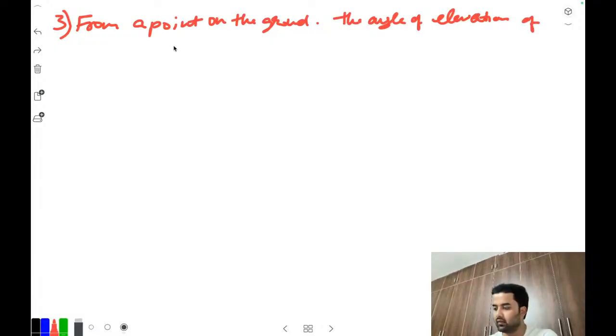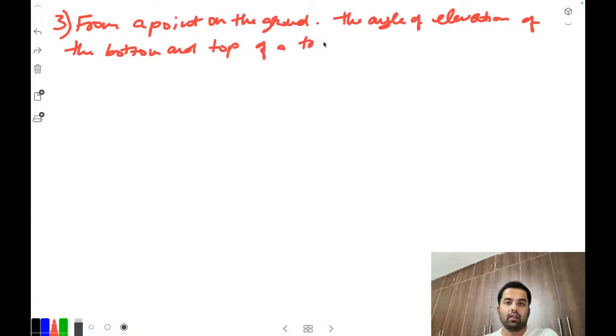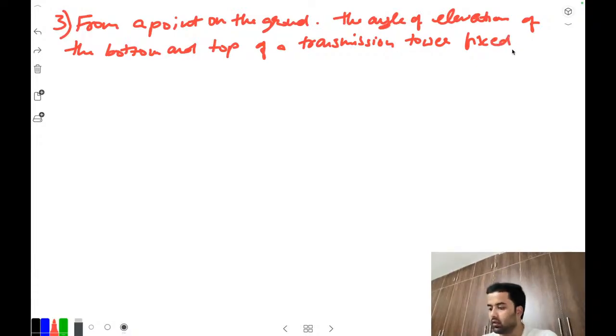Elevation of bottom and top of a transmission tower fixed on the top of a 20-meter high building.